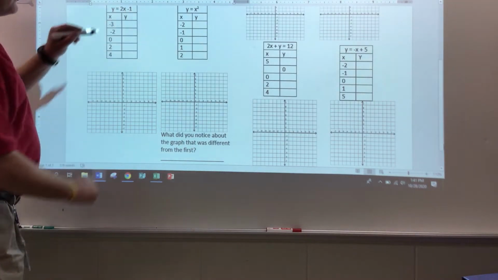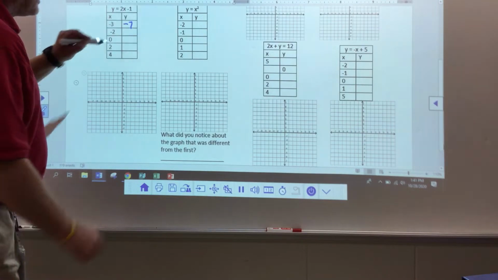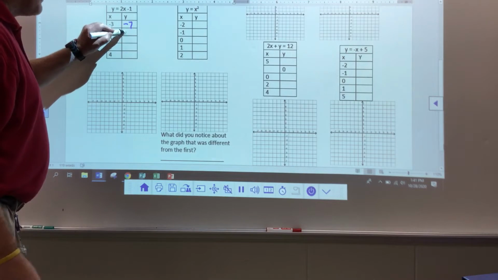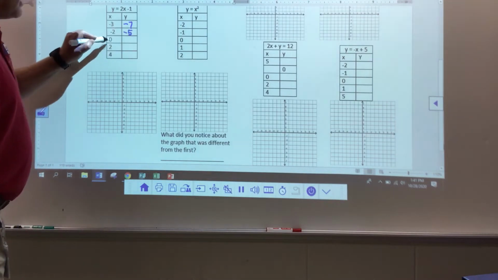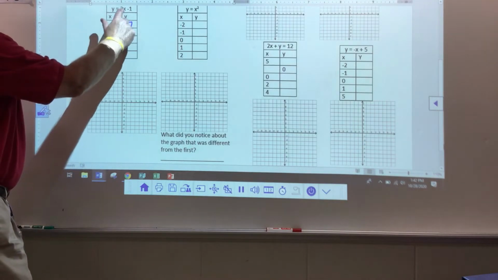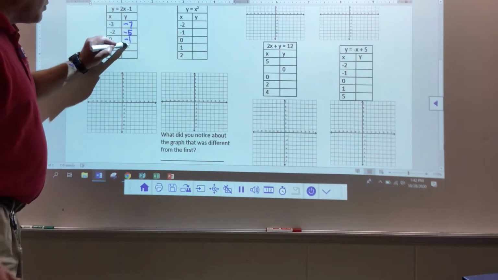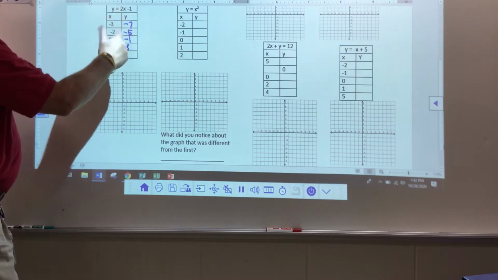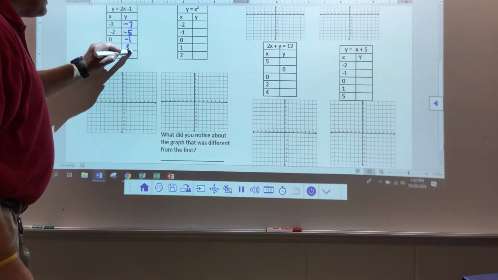That's -6 minus 1 is -7. I'm going to plug -2 in there. 2 times -2 is -4. Minus 1 is -5. If I put 0 in there, I just get -1 out. If I put 2 in there, 2 times 2 is 4 minus 1, and I get 3. And then 4, 2 times 4 is 8 minus 1 gives me 7 there.